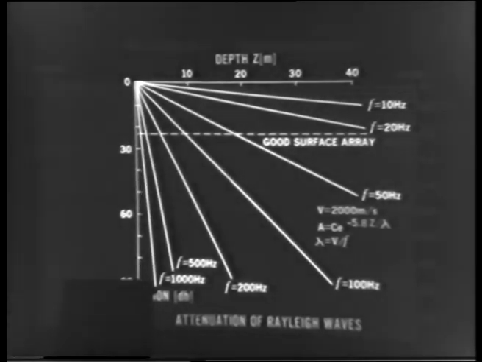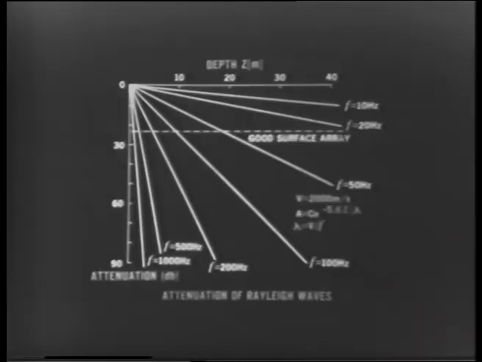I've put this slide up to show the effect of burying charges, which is a fairly standard technique in high resolution work, and their effect on the surface waves. For frequencies of 10 hertz and 20 hertz, you can expect around about 24 dB attenuation if your charge is at 40 meters.